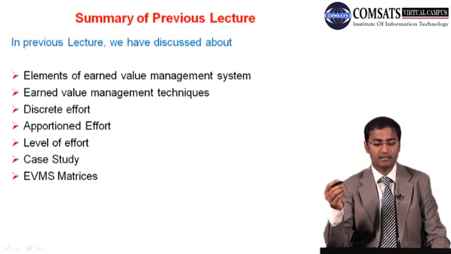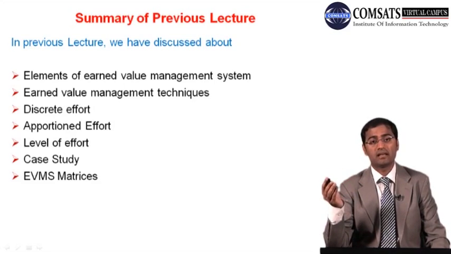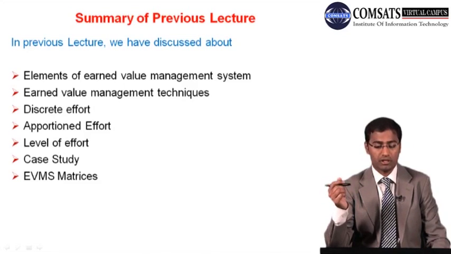Then we discussed a few metrics: schedule variance, cost variance, and indices like the schedule performance index (SPI) and the cost performance index (CPI). A negative schedule variance means we are behind schedule, and a negative cost variance means we are over budget.